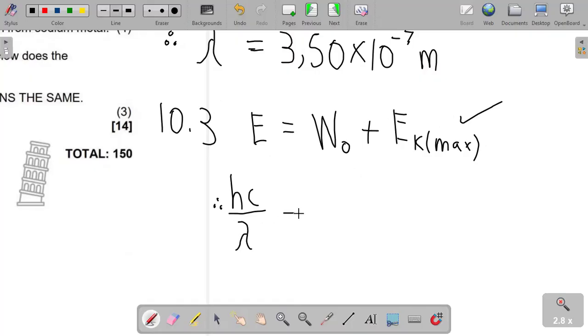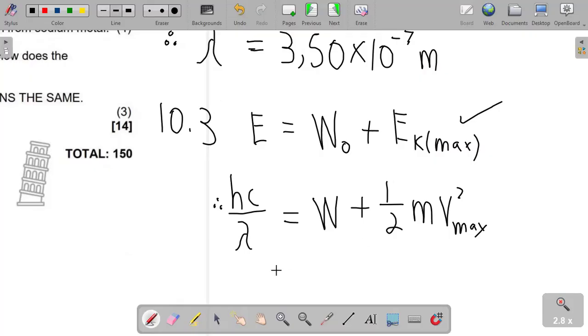So since we have the wavelength now of the light, it's going to be equal to the work function plus half mv squared max. Okay, this is it.